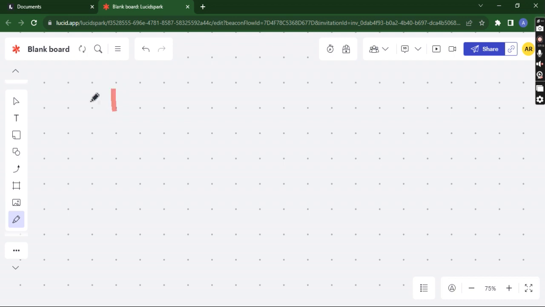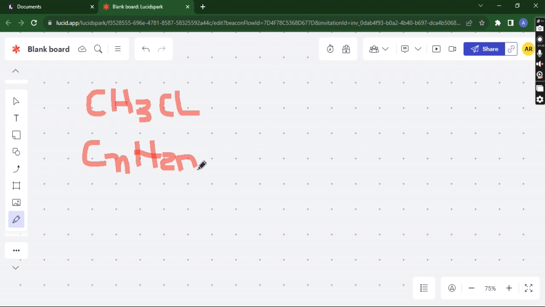This is CH3Cl, right? CH3Cl. Here the formula is pretty simple: CnH2n+1.